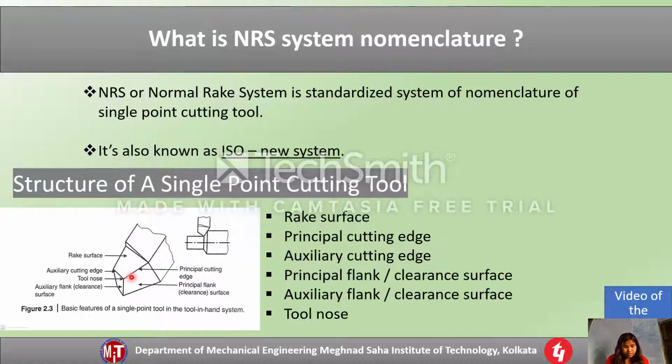The surface that contains this side is called the principal clearance surface or principal flank surface, and this side which contains the auxiliary cutting edge is the auxiliary flank surface or auxiliary clearance surface. Then this is the tool nose.